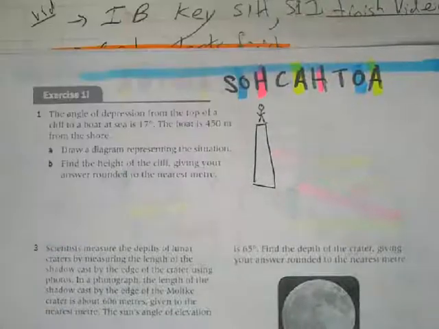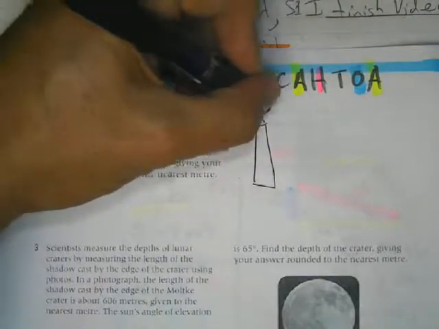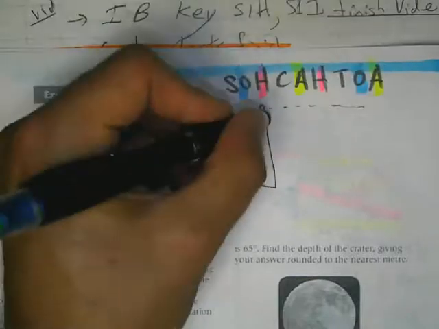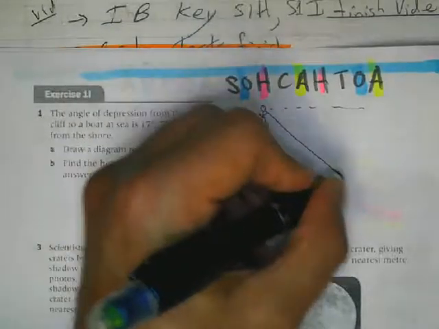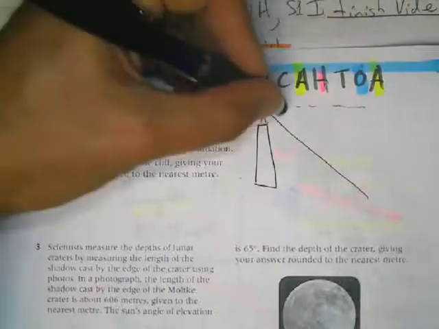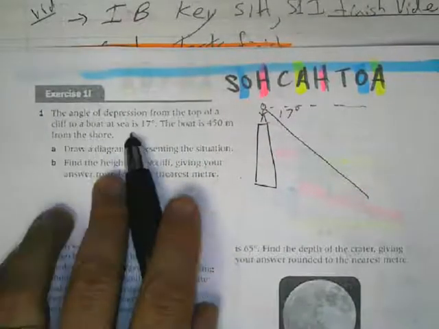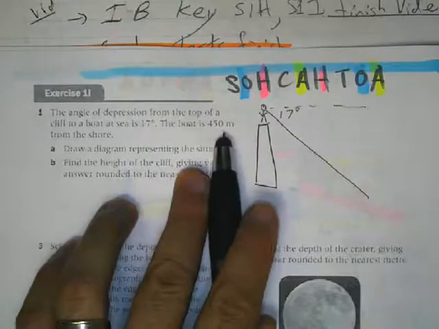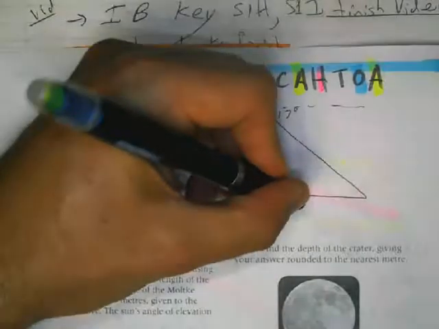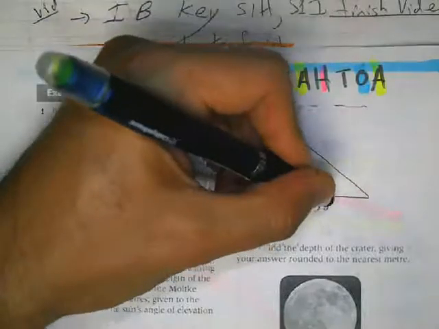And the angle of depression, so if you're looking down, that means this angle here is 17 degrees to a boat. And the boat is 450 meters from the shore. So this distance here is 450 meters.